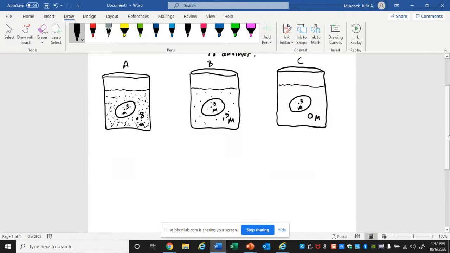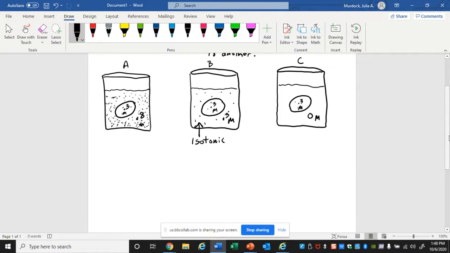Which one of these beakers has a blood cell that's floating in an isotonic solution? Which one is floating in a solution that's isotonic to it? B. Yes, that's right. So this solution here is isotonic to the cell that's floating in it.